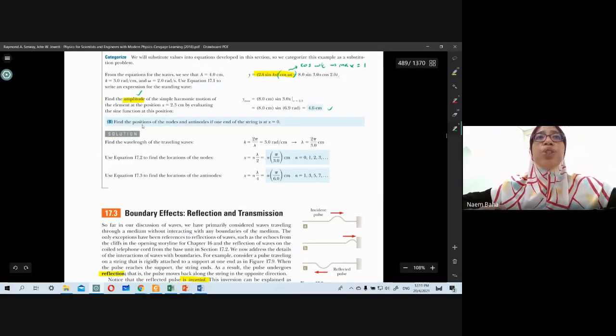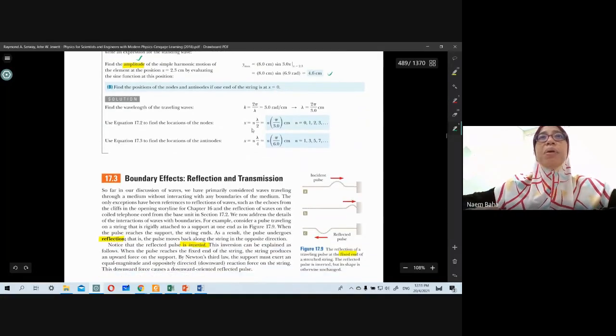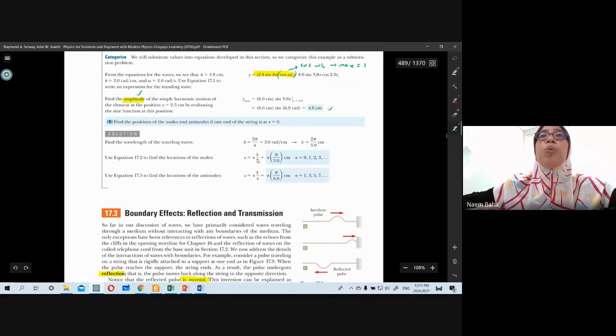Now, find the position of nodes and antinodes if one end of the string is at 0. This is easy to remember, easy to understand. The equation given earlier is that nodes are at n lambda over 2. So as simple as that, we need to substitute the value of lambda.